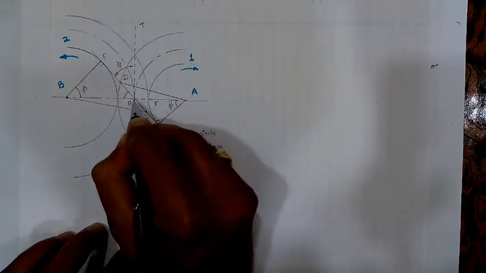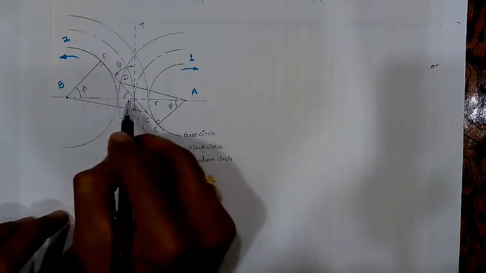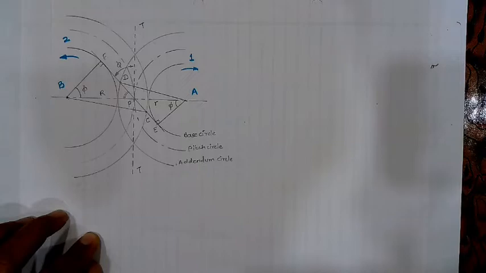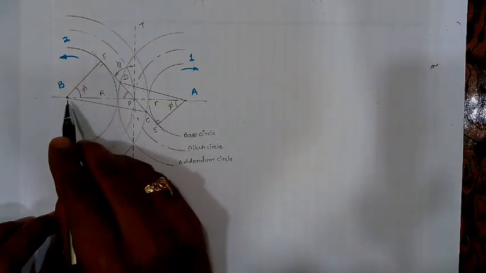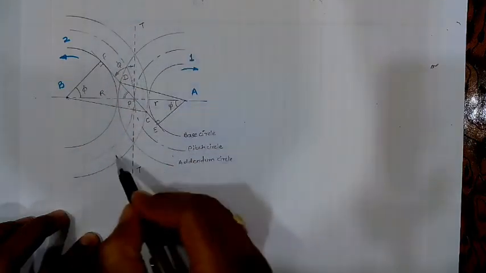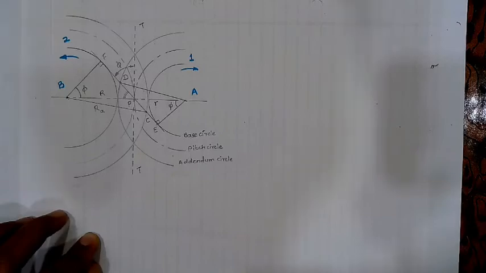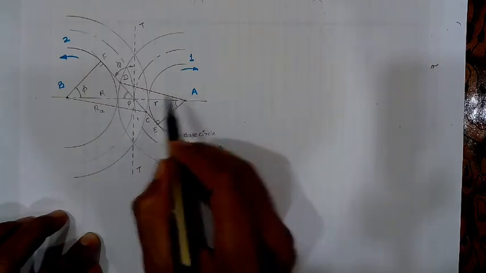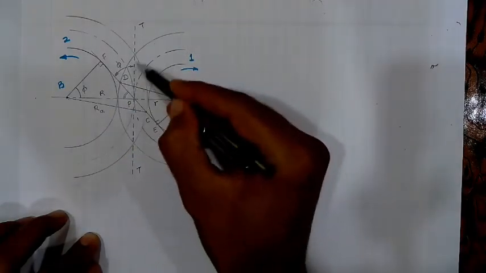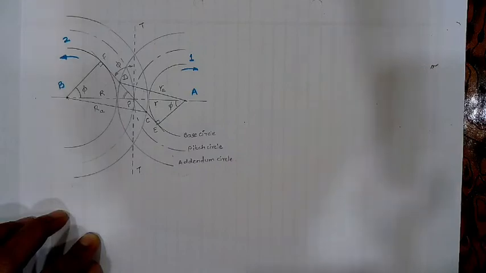So AP is small r, and the pitch circle radius of the gear is capital R. So BP distance is capital R. Let the addendum circle radius of the gear, that is BC, be capital R suffix A, and the addendum circle radius for the pinion, that is AD, be small r suffix A. So AD distance is small r suffix A.